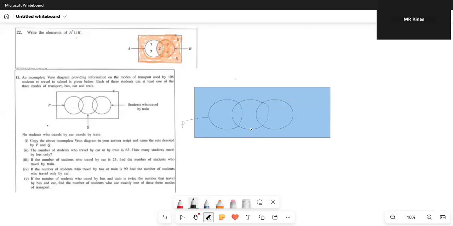This is Q. And this portion they have mentioned that they travel by train. The students who travel by train is this portion, right?